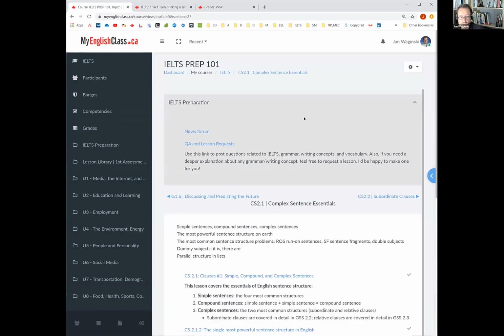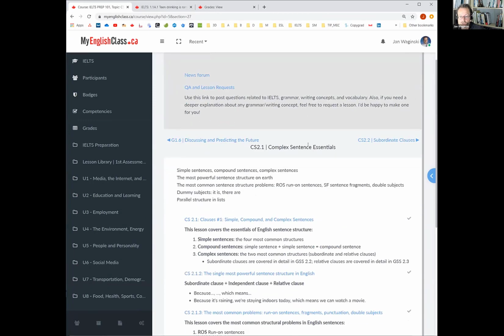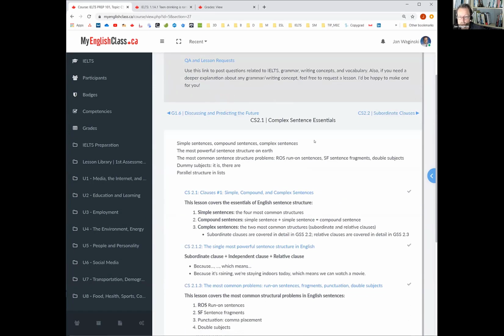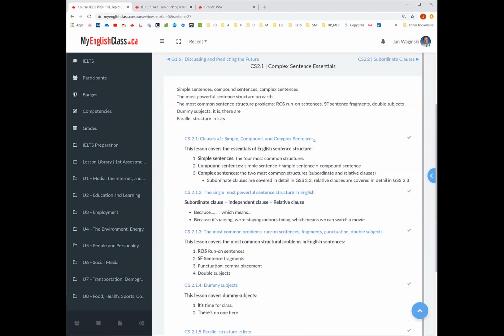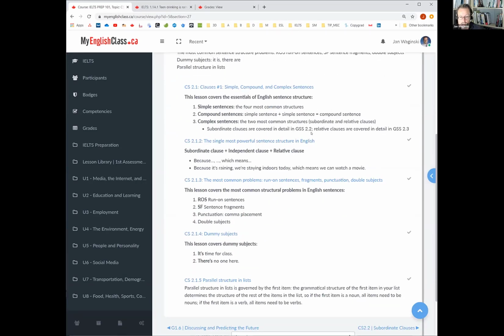There's a few lessons there, and I promise I've made these as short as I possibly can without leaving out anything critical. There are some short exercises in here as well. You have to know everything that's in this. There's nothing exotic, there's nothing fancy. This is the meat and potatoes of sentence structure.